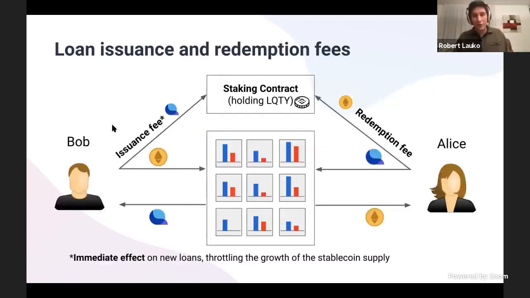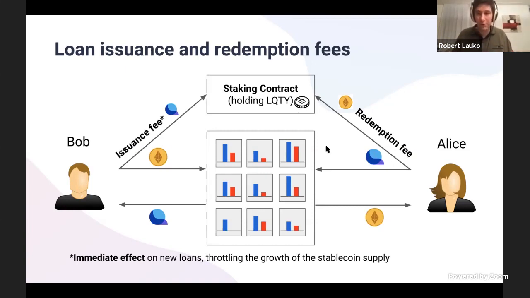Now what we also do is charge fees on both the loan issuance, which is a one-off fee. When you take out your loan, you may have to pay an issuance fee. By default, this fee is set to 0%, but it can go up. Similarly, there is also a one-off redemption fee, which is charged on the redeemed amount.